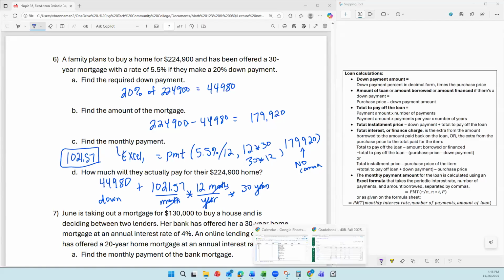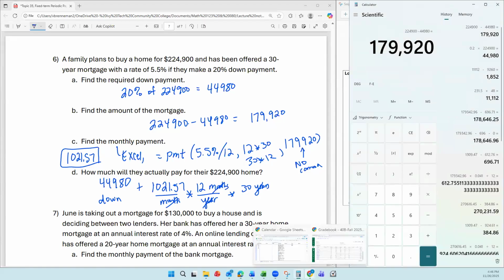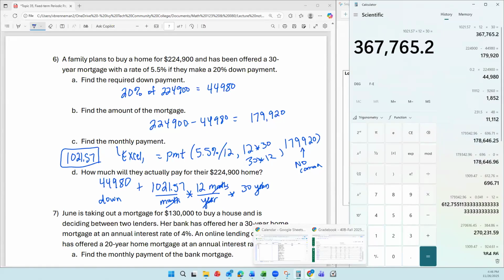So 1,021.57 times 12 times 30, they're paying $367,765.20 just to pay back that $179,920 mortgage.